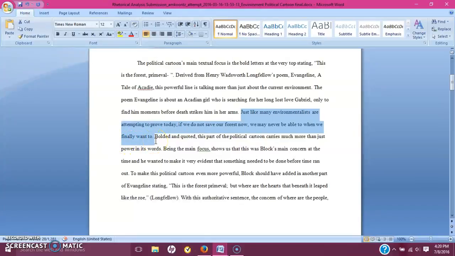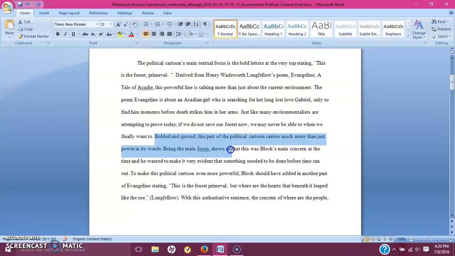So it's a little wordy, it's not exactly clear, but it is dipping into analysis, as this part is just saying the poem exists. Here's a little bit of information about the poem. This is saying why Block included that line from the poem in the political cartoon. Okay.